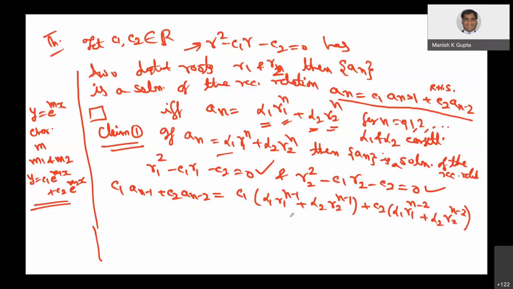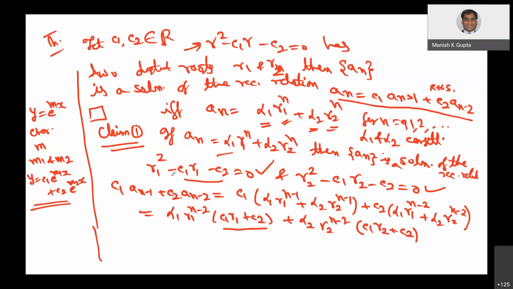Now if you simplify this and collect the powers of r1 and r2, this turns out to be alpha 1 times r1 raised to power n minus 2 times (c1 r1 plus c2) plus alpha 2 times r2 raised to power n minus 2 times (c1 r2 plus c2), right. Now this value c1 r1 plus c2 is nothing but, from this equation, r1 square, and similarly this expression is nothing but r2 square, right.